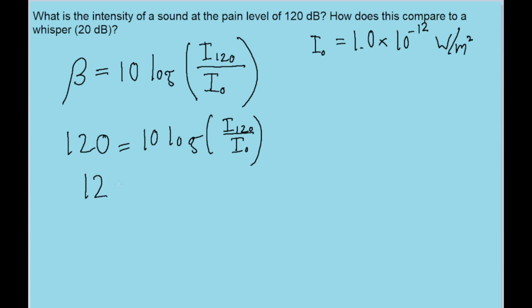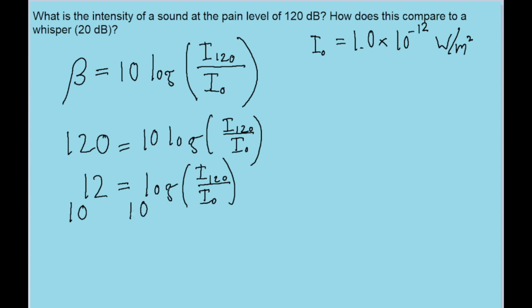So we end up with 12 is equal to the log of this same ratio. And because this top variable is the variable we're looking for, we'll get the log out of the way to get this variable on its own by raising both sides of this equation to the power of 10.